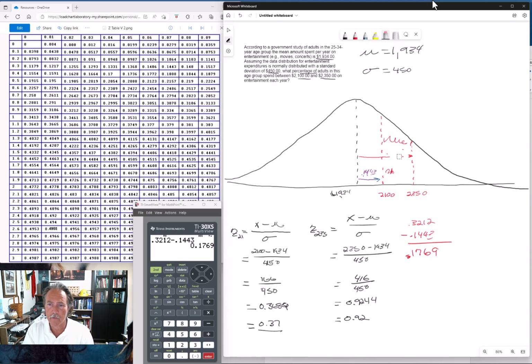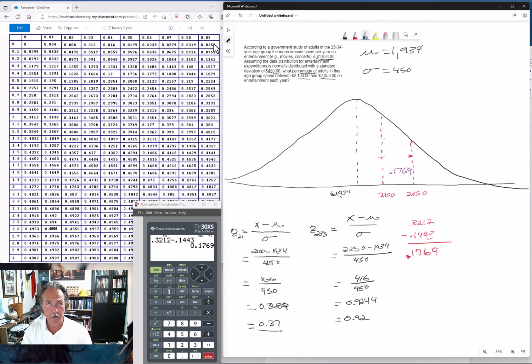because now we have the number representing the area between $2,100 and $2,350. And that area is 0.1769. Remember, area under the normal curve is synonymous with proportion, and proportions can be converted to percentages.